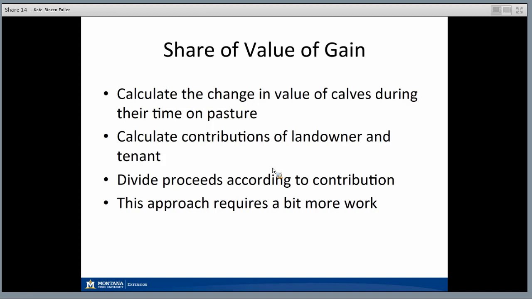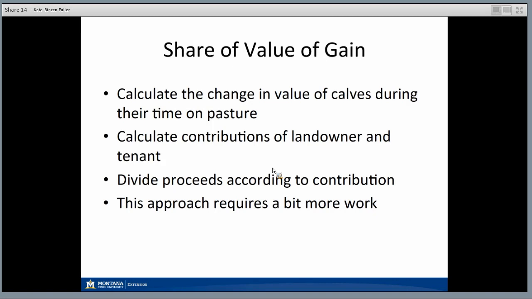So they're going to put together a kind of budget over the course of the year for what they're doing to the land, what things they're paying for. And then they're going to divide the proceeds according to that contribution. And I'll show you some places, if you're interested in putting together one of these contribution spreadsheets, which is really what they end up being. I'll show you a place where you can find those towards the end.